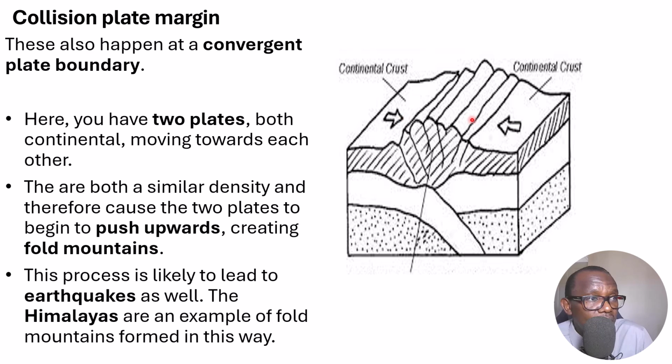Because they are both a similar density and weight, they are going to push towards each other, and the land in between them is going to push upwards. That buckling upwards is going to form fold mountains. An example of fold mountains formed in this way are the Himalayas. And at these plate boundaries, we get earthquakes, and then obviously fold mountains as well.